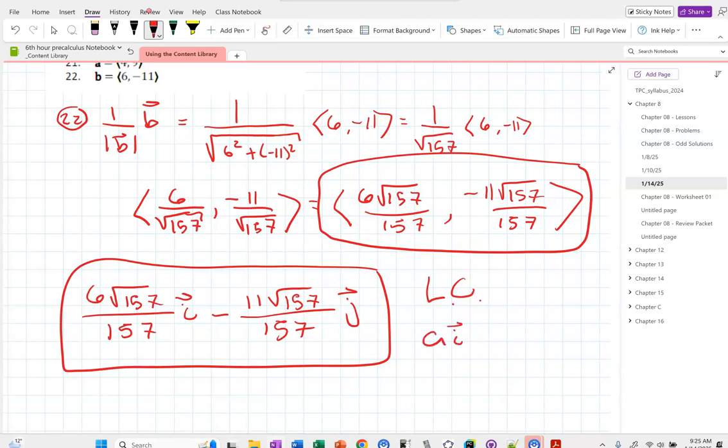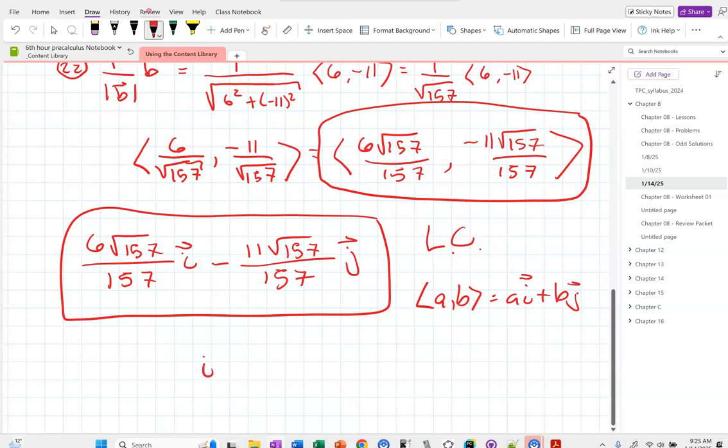So the linear combination form for component form vector AB is Ai plus Bj. i is always the x vector, and j is always the y vector, because the vector i is the vector 1, 0, and the vector j is the vector 0, 1. So if I do the scalar multiplication and add those together, I'm going to end up back at AB, right?